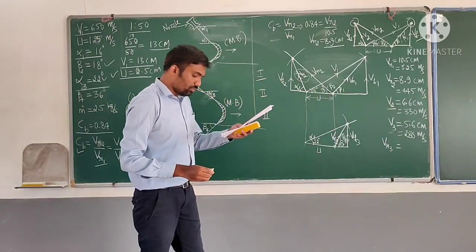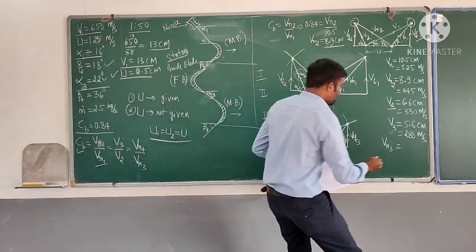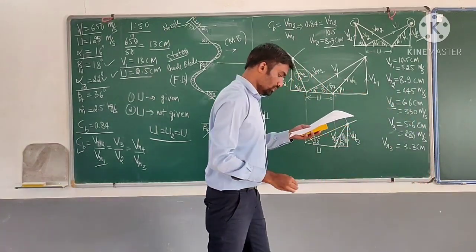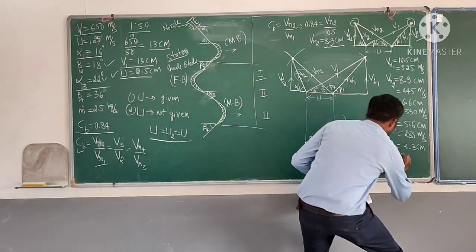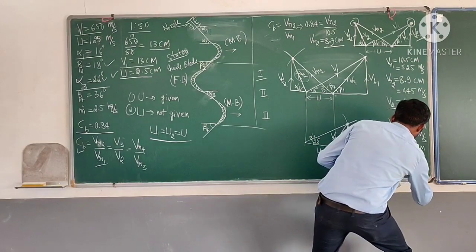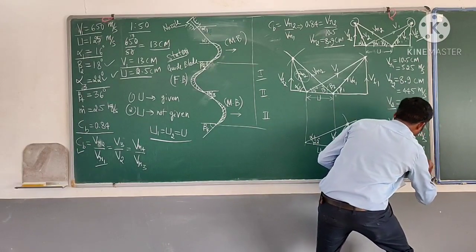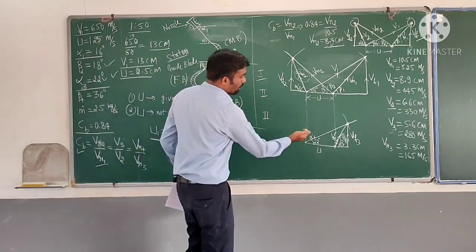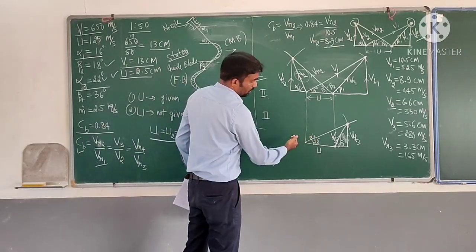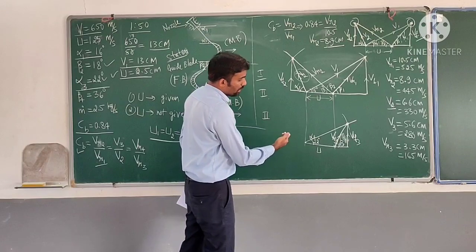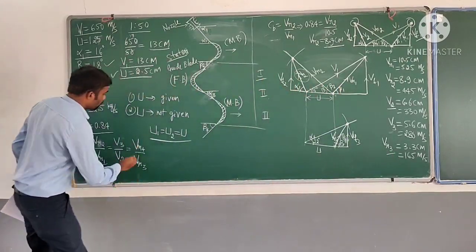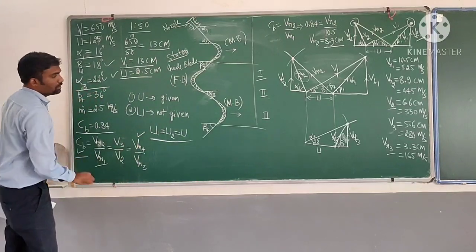From this I can measure VR3 or whichever data I need. VR3 we have measured, it is around 3.3 centimeters, in meters per second 165. Now I have to draw the second outlet of the second stage, so which data do I need? I know VR3, and from VR3 I can obtain VR4 using the relation.